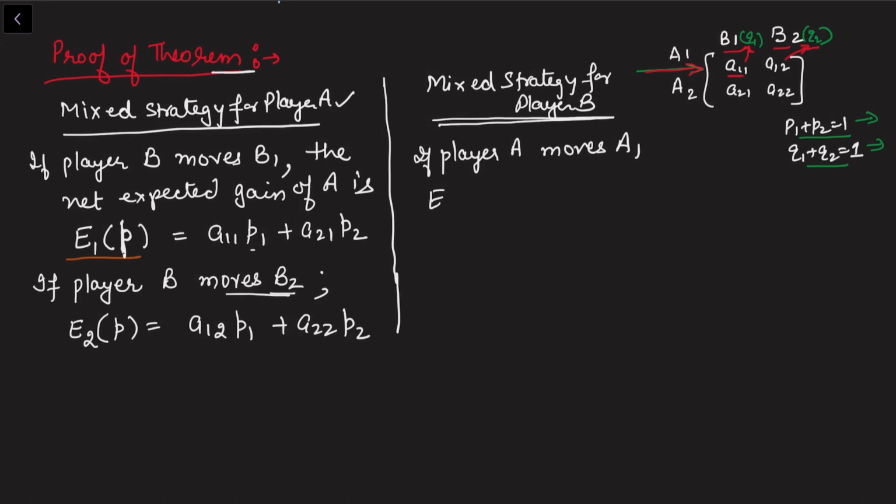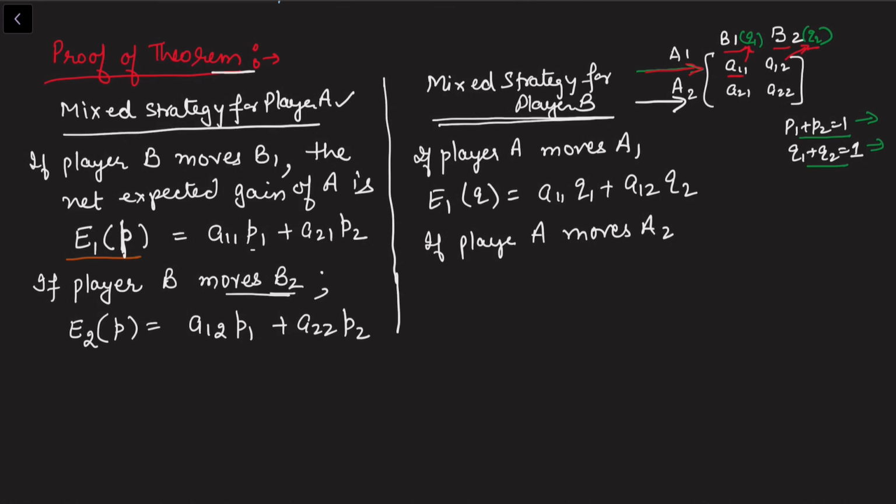So B's first expected gain, if A moves A1, is A11 Q1 plus A12 Q2. Similarly, if player A moves A2, by looking at the second row, you can see clearly the second expected gain is A21 with the first probability and A22 with the second probability.